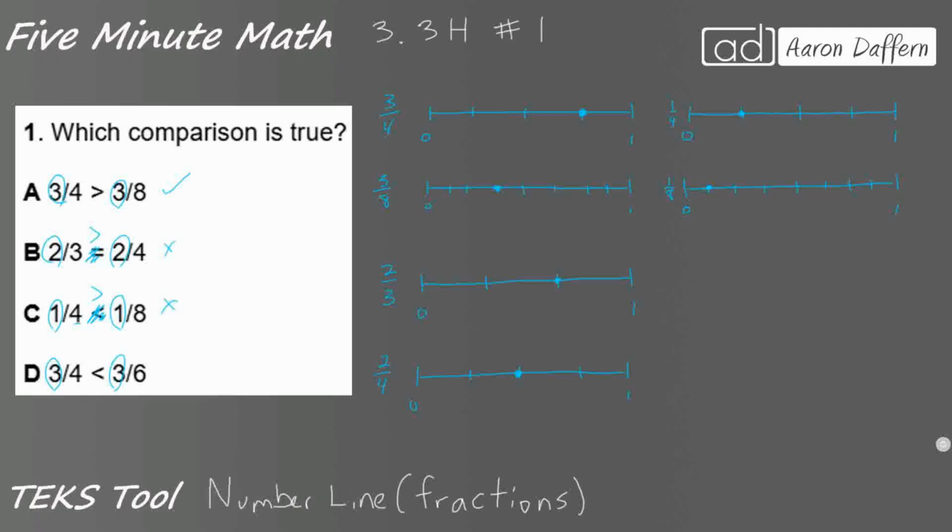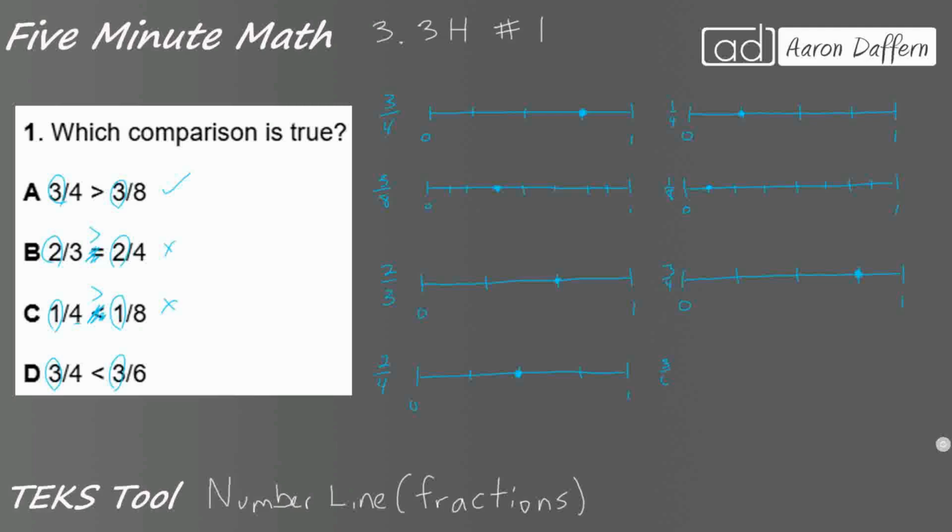And we're hoping the last one doesn't work because we also already think that A is our correct answer. So 0 to 1, what am I doing? 3/4. All right, so I'm going to cut it in half, cut each half in half. There's my 3/4. Now I need 3/6.